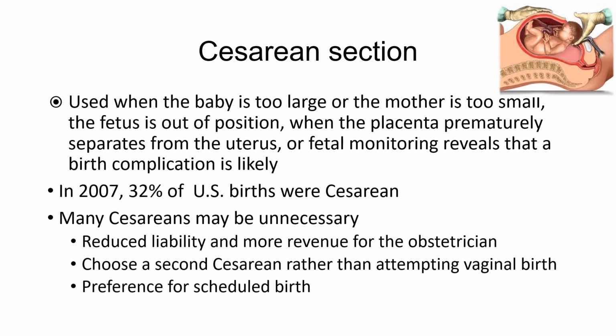Now, on the other hand, C-sections are actually becoming more important, more critical, because we as humans are evolving to the point where fetuses are getting larger and larger. I have a friend whose child was 9 pounds, 12 ounces, and 22 inches long.